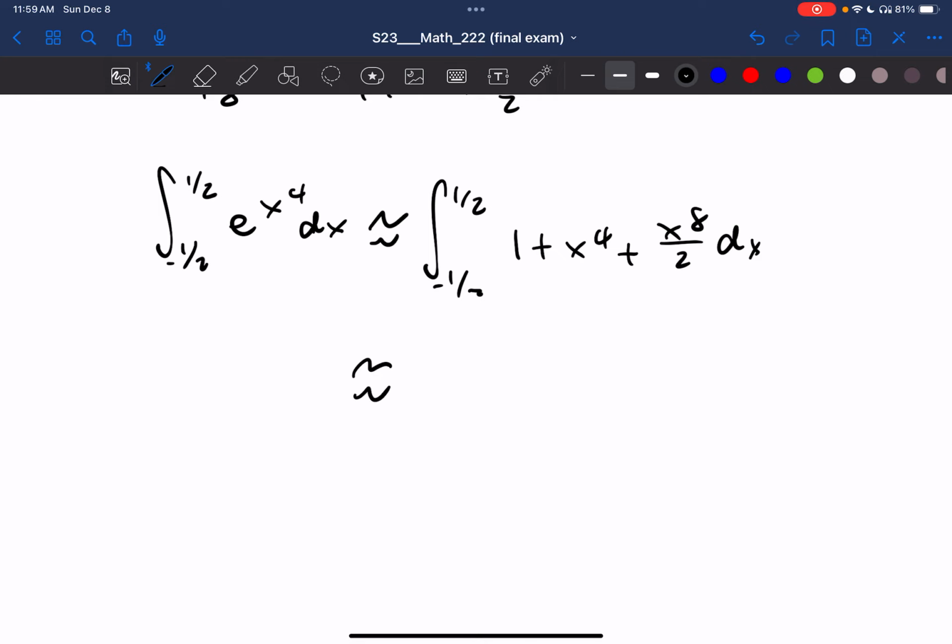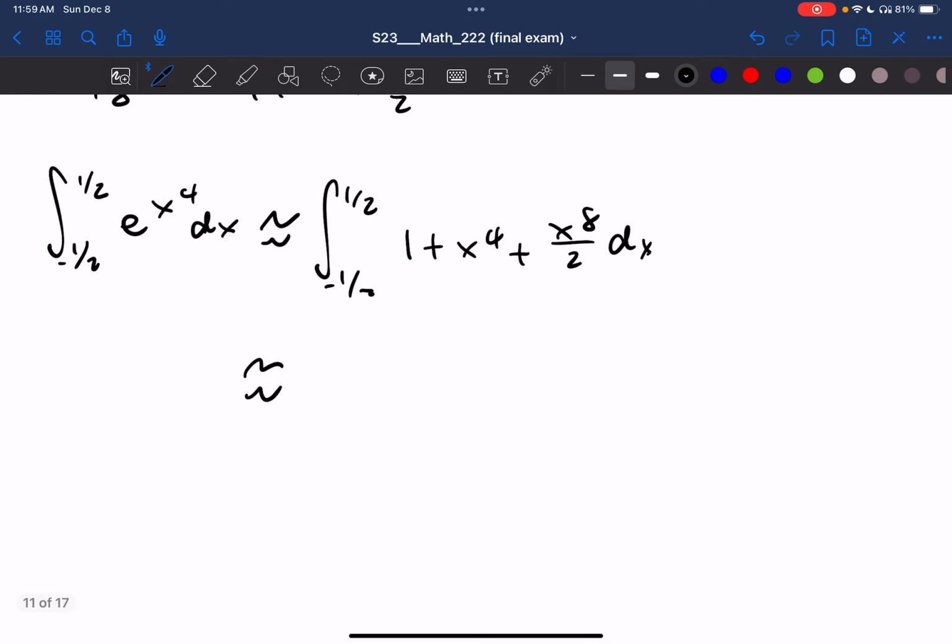Integrating this, we're going to get x plus x to the 5th power divided by 5 plus x to the 9th power divided by 18.